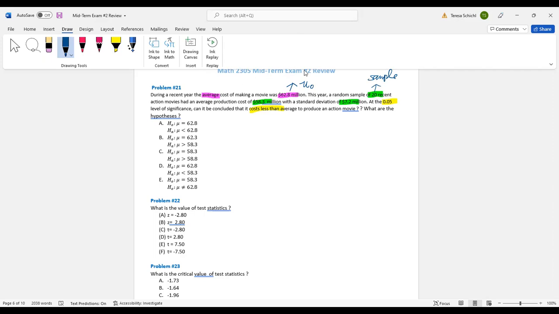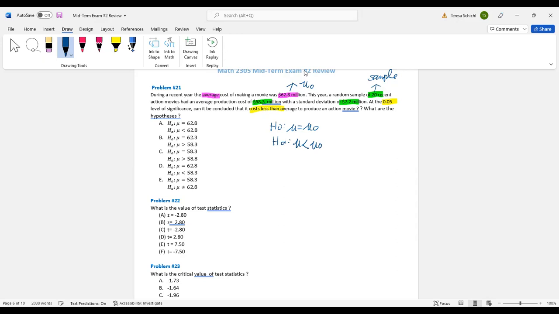So I take 20 movies, the average is 58.3, and the standard deviation is 7.2. And then I want to test at the 0.05 level of significance to see if the cost is less than. So remember, we always do this, right? It's mu equal to mu zero, then the alternative is mu less than mu zero.